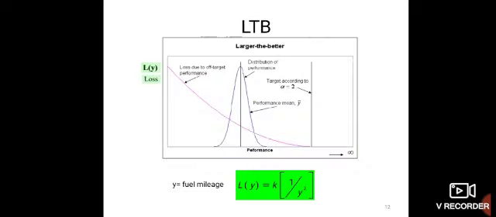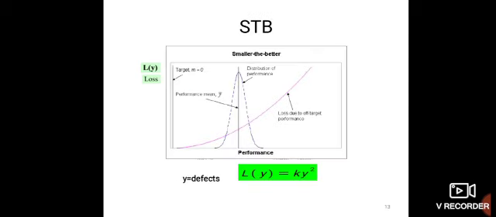Now in graphical representation, larger the better case, as shown in the colored line, as the performance is high, the loss on the y-axis will be less, like fuel mileage. The second case is smaller the better. If the Y square is less, then loss will be less, like defects; in casting we want to reduce the defects.